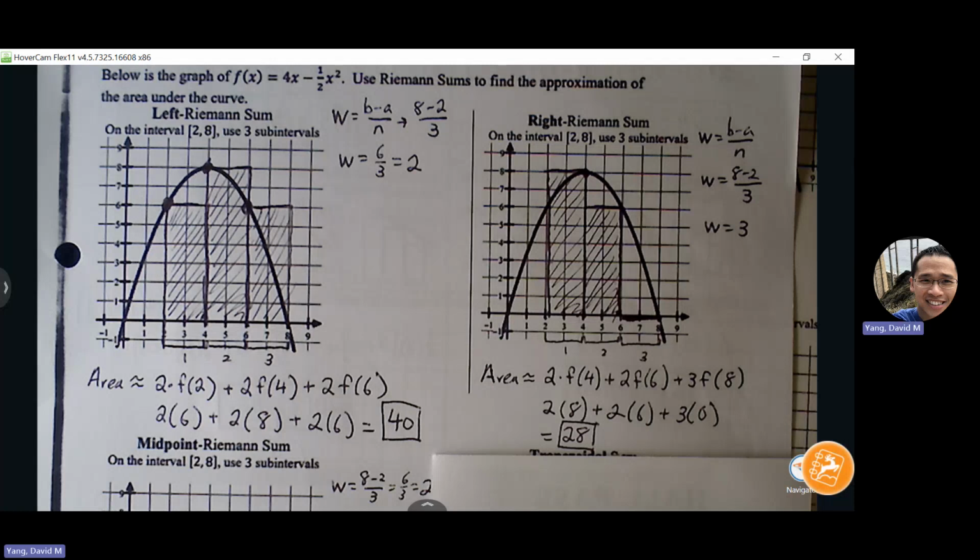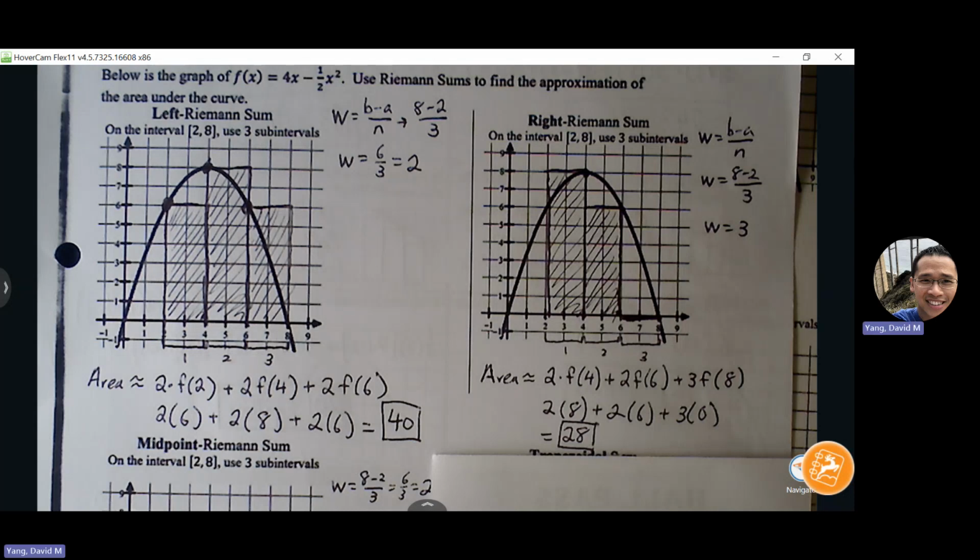It's f of 8, right? f of 8 is 0, so that third rectangle is just going to be 0. So really, it's 3 subintervals, but we're just adding 2 rectangles because the third subinterval's endpoint ends up being right at 0.